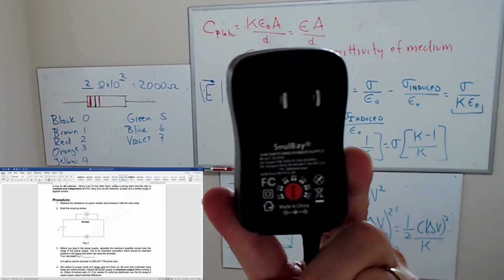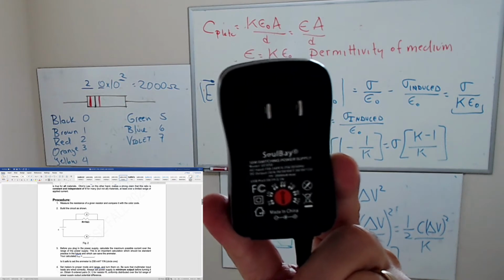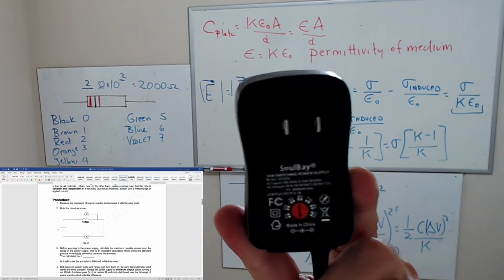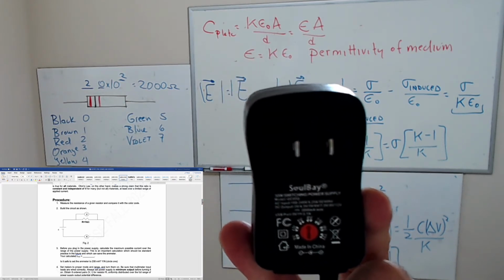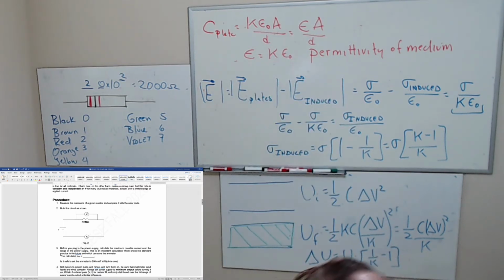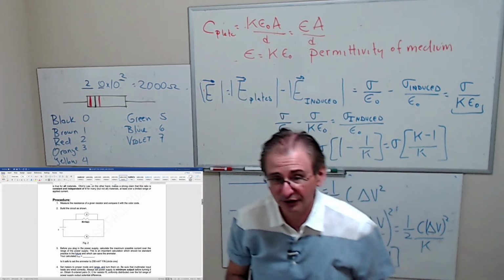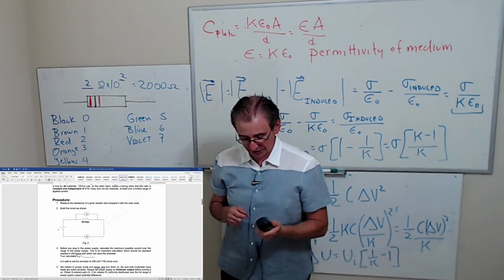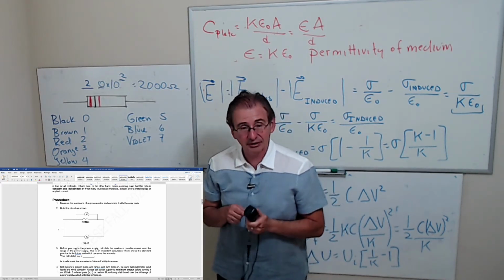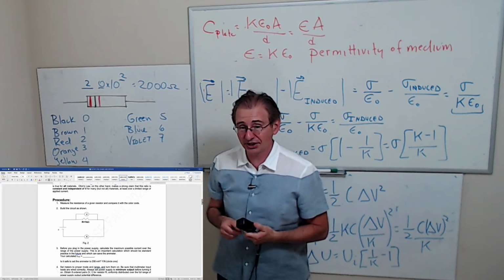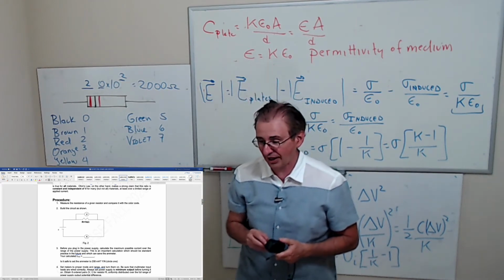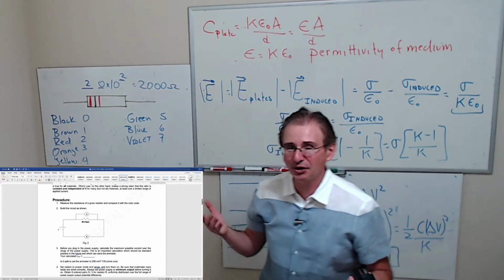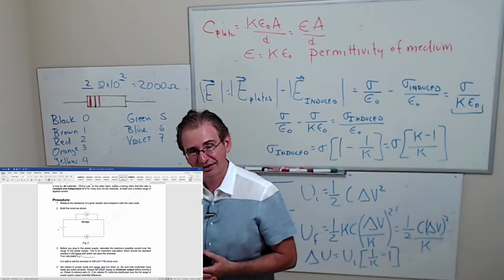That red dial, which you have to adjust with a screwdriver, will allow you to vary the voltage. There's only 6 settings on this. So you can only get 6 data points in your lab.